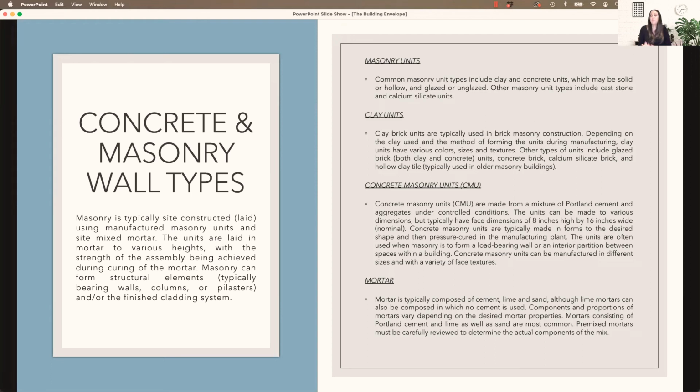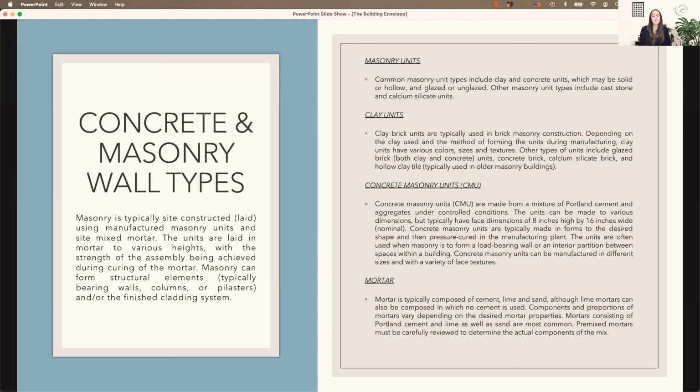There are a few different types. We've got the clay units, which are the clay brick units that you're probably familiar with. There's glazed brick as well, concrete brick, but essentially they're all laid together with a mortar system, and then that creates the strength or the structure for the walls.